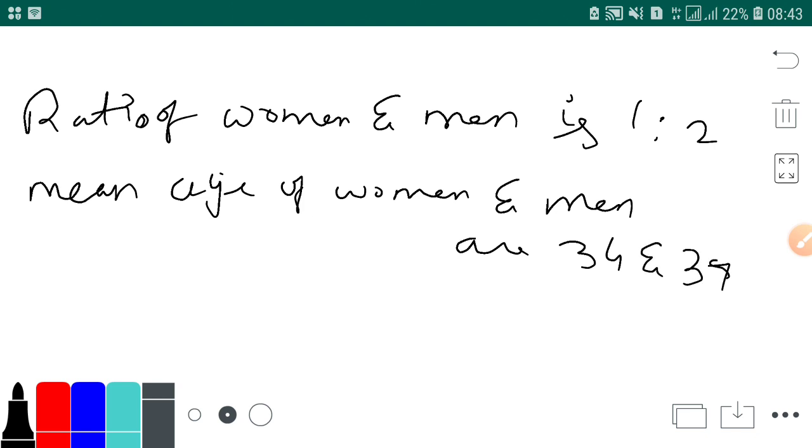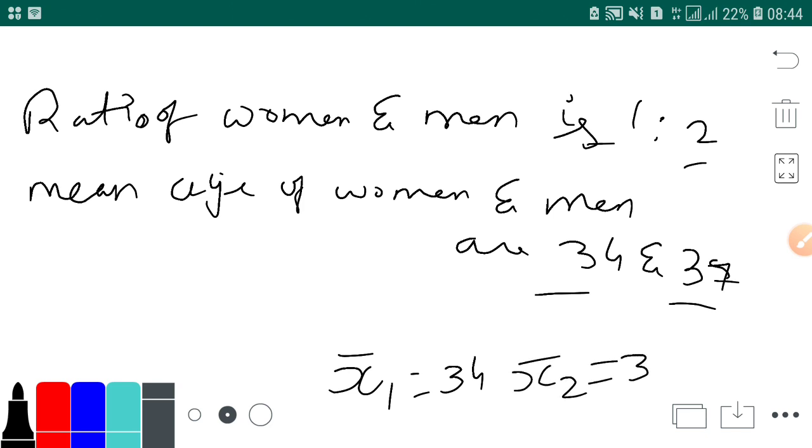So this is your data. This is the mean and this is the ratio. Now what should we take? There isn't any doubt that x bar 1 is 34 and x bar 2 is 37.